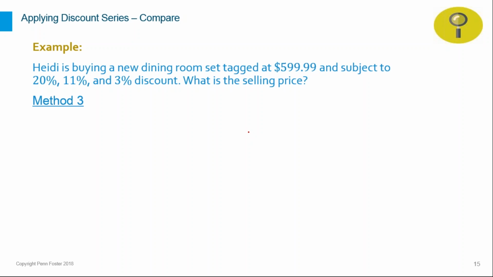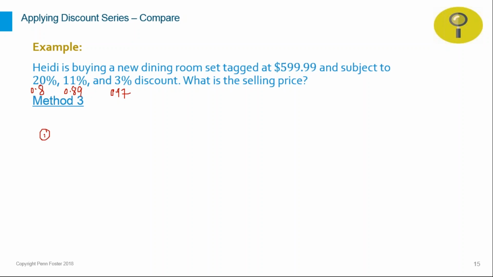Okay, so I'm going to use method number 3. Step number 1, find the complements in decimal for the 3 discounts. For the 20%, it's going to be 0.8 because it's 80%. For the 11%, it is 0.89. And for the 3%, it's 0.97.